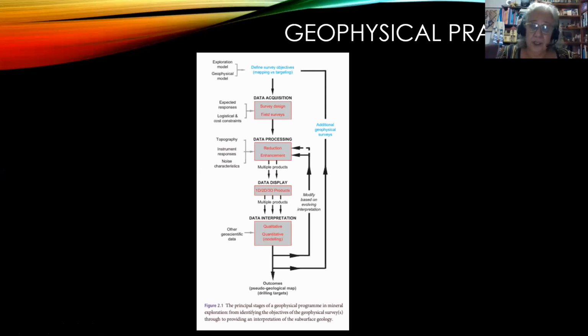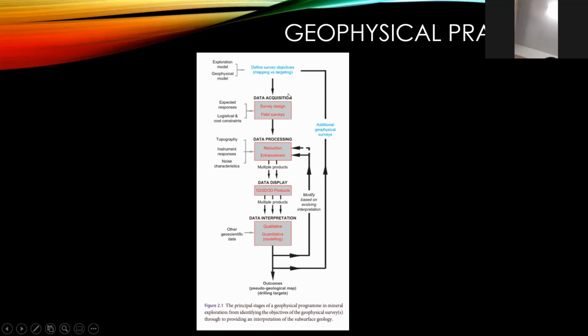Going into the geophysical practice, we know that we start with the data acquisition, the survey design, the field surveys. So this free data also allows us to have better design of the survey.